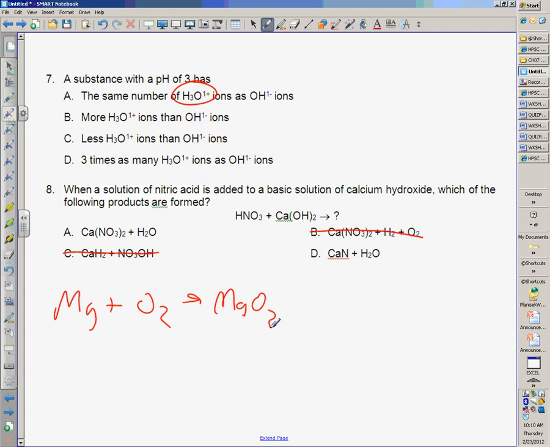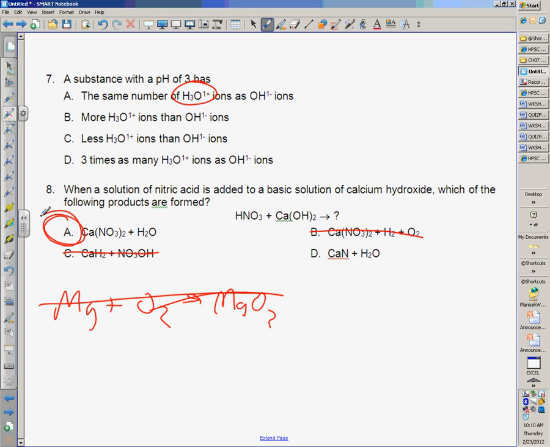It has to do with balancing out charges. So that's not necessarily the case. But here in this problem, A has to be the right answer because it's the only one that takes the front of the base and the back of the acid and puts them together for the products.